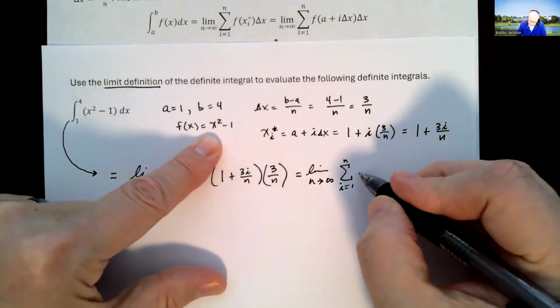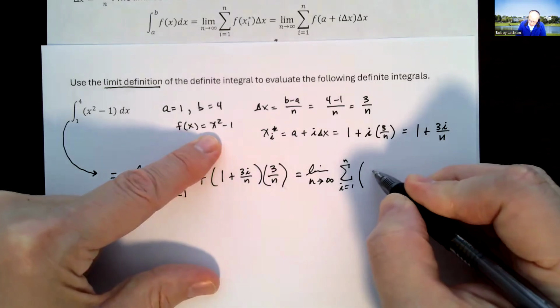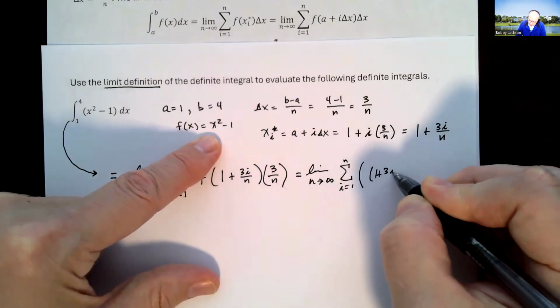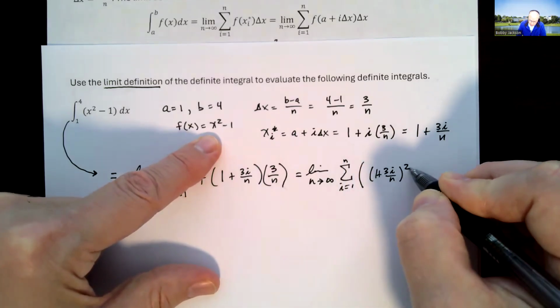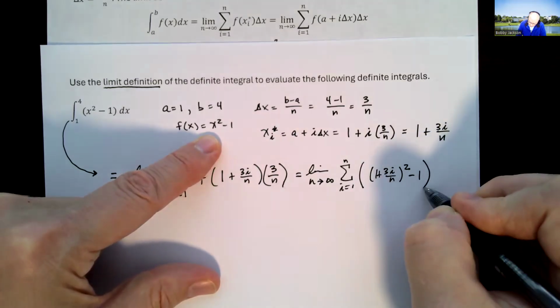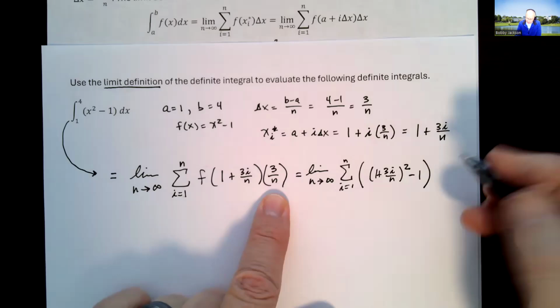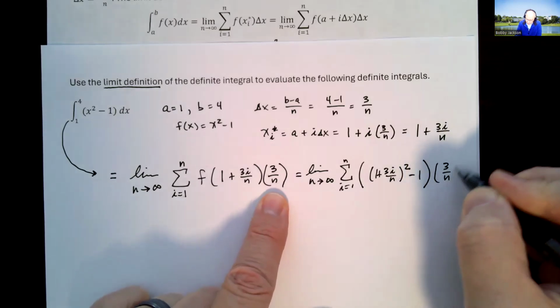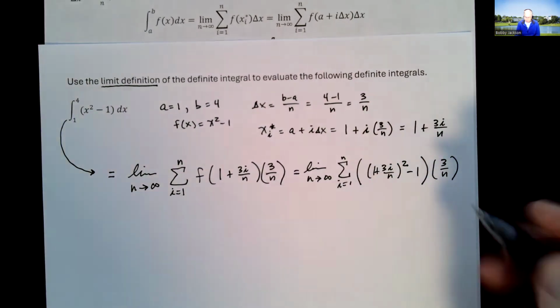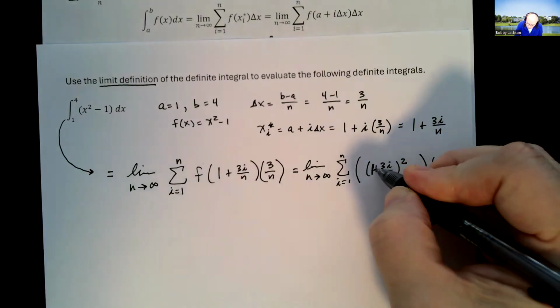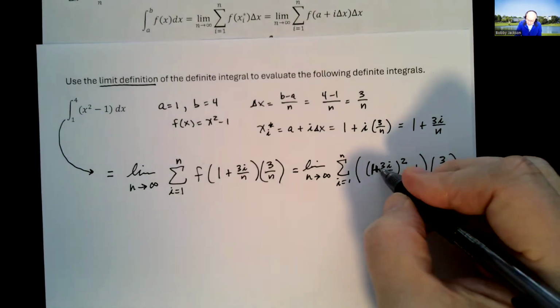So this becomes 1 plus 3i over n, squared, minus 1. That's the f of 1 plus 3i over n. Don't forget times the 3 over n.